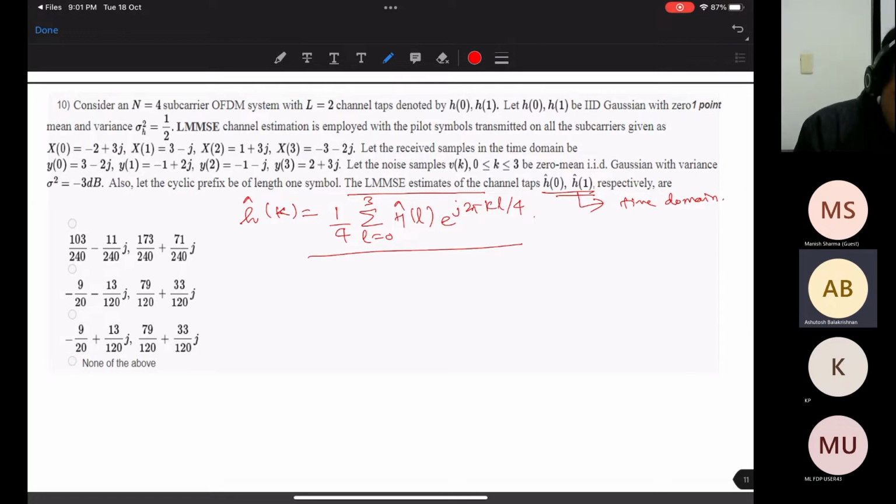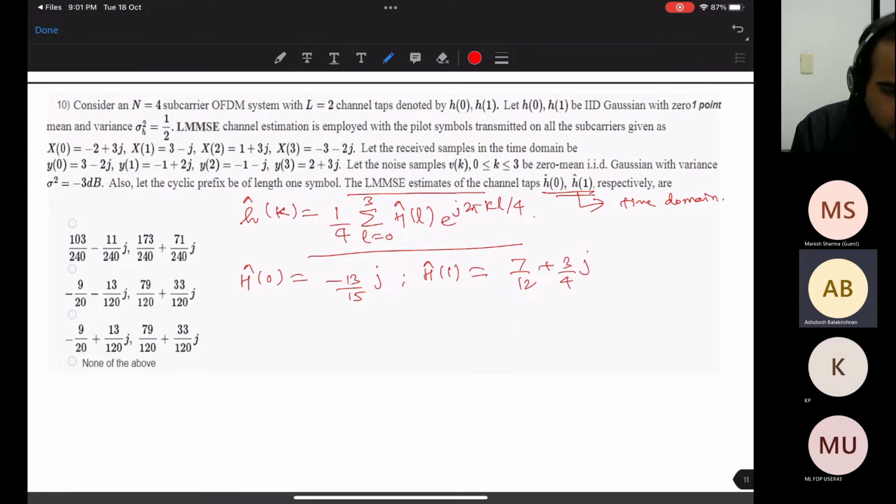And we know that h hat of 0 is minus 13 by 15j. If you remember, 2 questions back, we computed h hat of 0 and h hat of 1, which was 7 by 12 plus 3 by 4j.